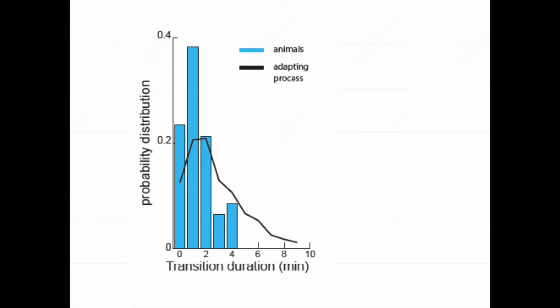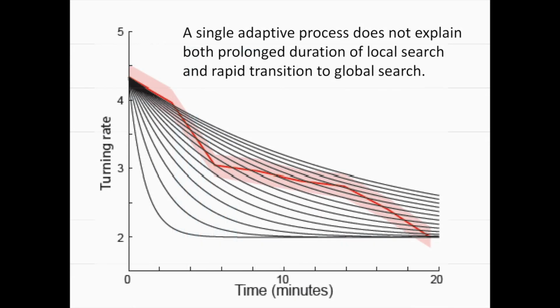So in fact, we have a process that is more step-like and then goes to the plateau, and it's more difficult to explain with an adapting process. So that's shown here. If we estimate the rate of decay based on the initial decay in the number of turns, that would predict a much larger turning rate than is observed experimentally at the end of the search.